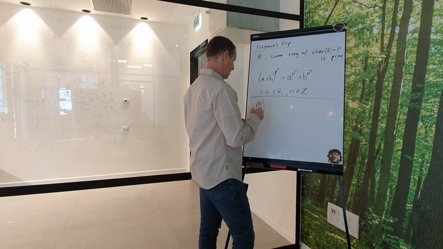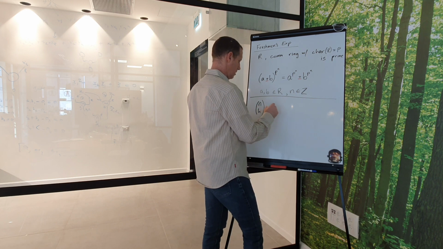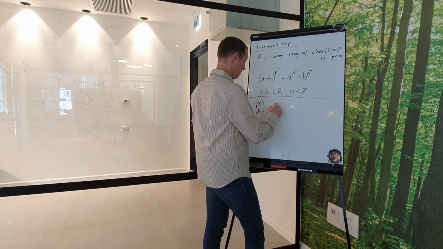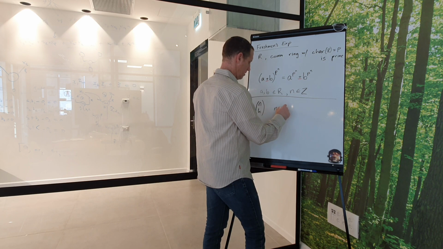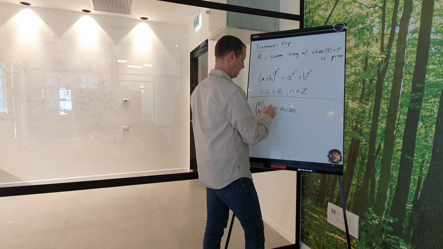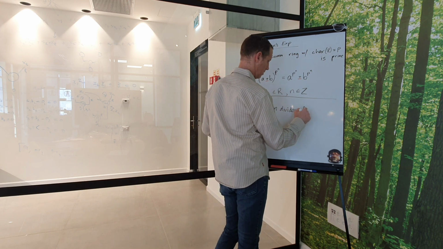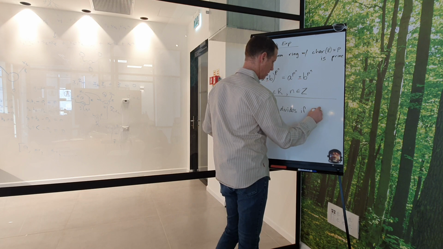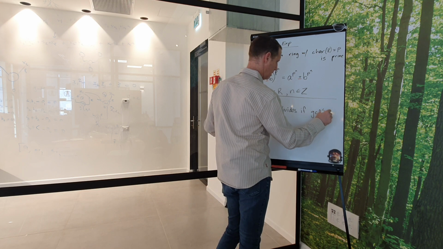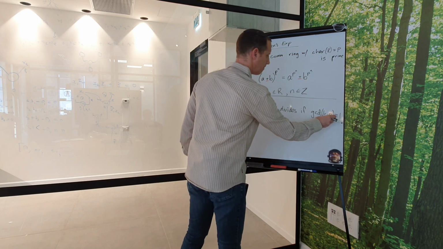I claim that n divides this binomial coefficient if the GCD of k and n equals 1. Okay?